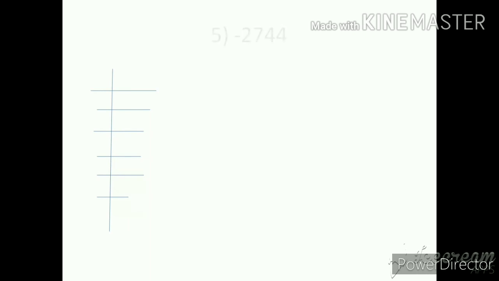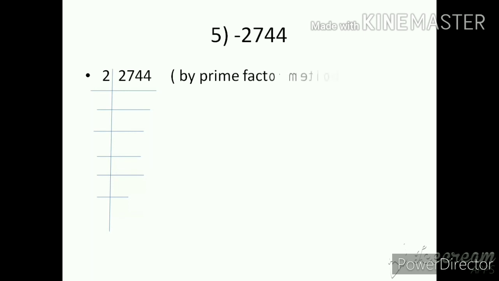Now question number 5. Minus 2744. Unit place 4 is there. It means it is divisible by 2. When you divide this number, children, by 2, you get 1372.